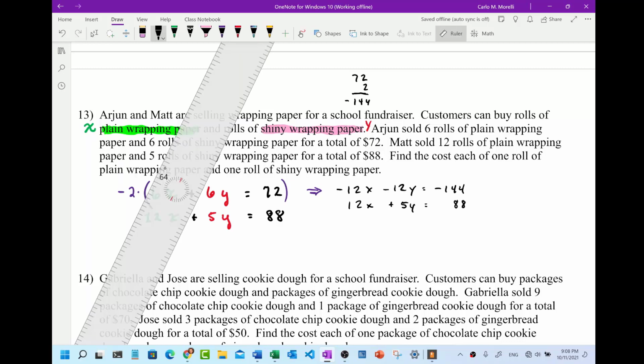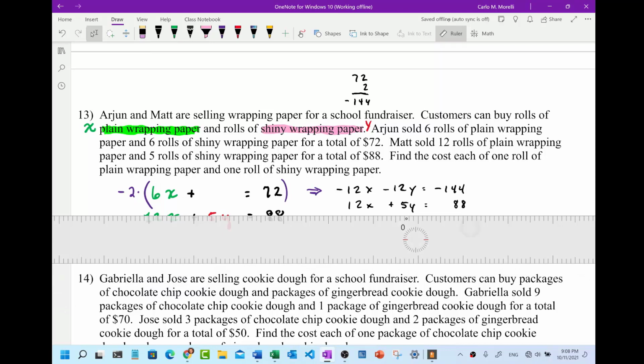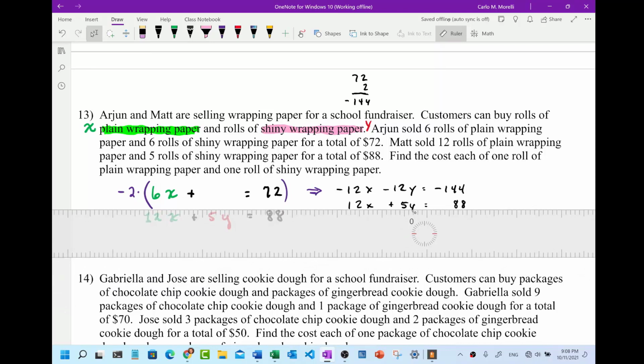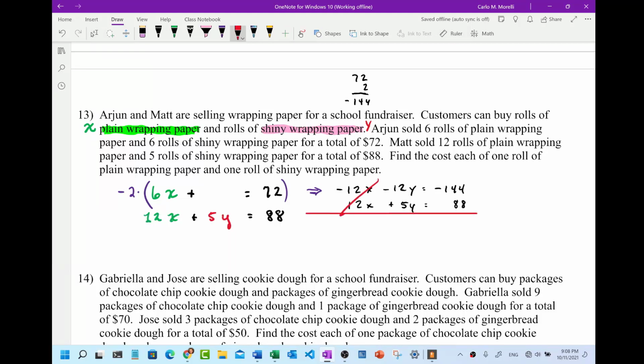So now let's get that ruler out, or your protractor, which I know all of you carry everywhere with you all the time. And let's stack add. Okay. Bingo. Got to eliminate the x variable. So now -12 plus 5 on the y is going to give us -7y equals -144 plus 88.